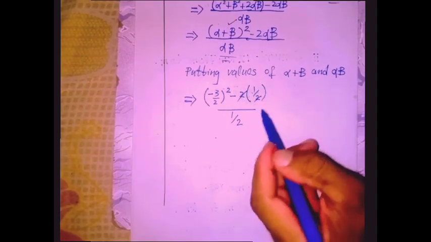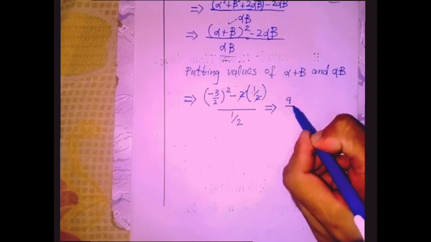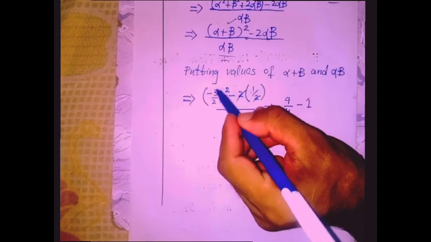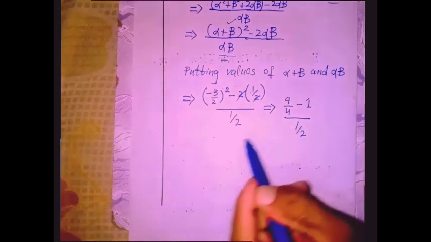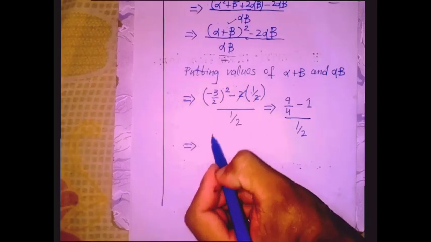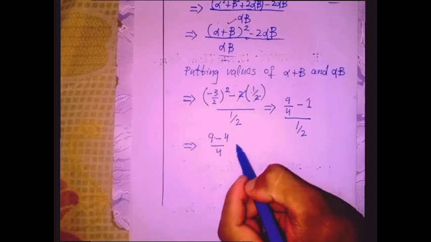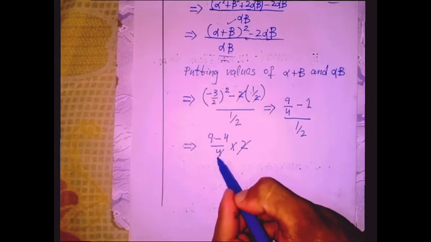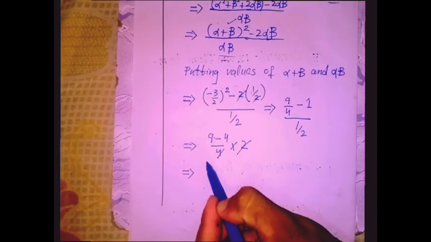The second term becomes 1 because the 2 and 2 cancel, so we get 9 divided by 4 minus 1, because if we square minus 3 over 2, we get 9 divided by 4, and here we get 1 over 2. Now we take the LCM, 9 minus 4 divided by 4, and if we bring the 1 over 2 above, we get only 2.